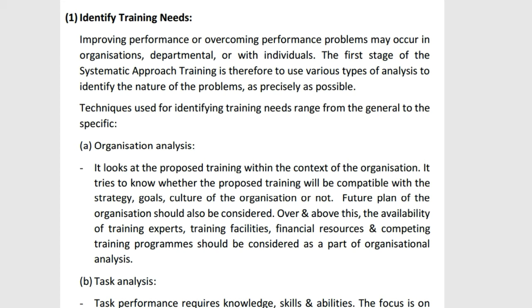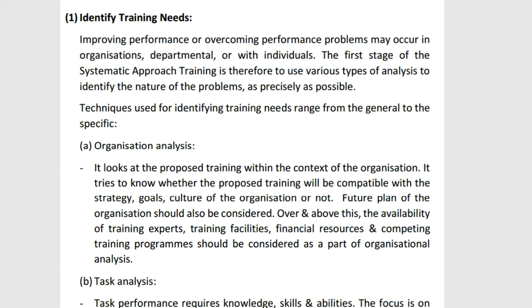The first stage of the systematic approach to training is therefore to use various types of analysis to identify the nature of problems as precisely and accurately as possible. Techniques used for identifying training needs range from the general to the specific.